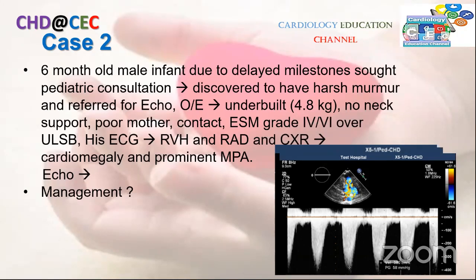From the history, this baby is asymptomatic. His ECG showed RVH and right atrial dilatation, correlating with the X-ray, where we have cardiomegaly due to right ventricular hypertrophy and a prominent main pulmonary artery. And as you just mentioned in the echo, its explanation is the post-stenotic dilatation from the severe valvular PS.